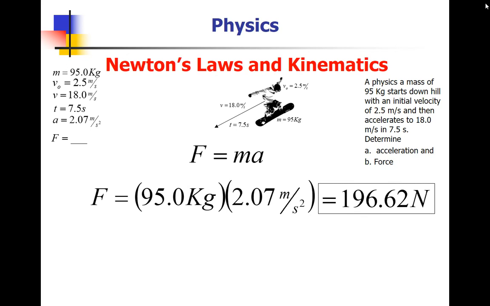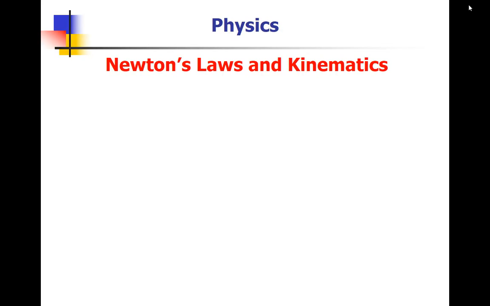Right, 186.62 newtons. That's how much pull is taking you down the hill. Newtons, the unit for force, is named for the cookie, the Fig Newton. No, it isn't. It's named for Sir Isaac Newton. And actually, in the English system, we use pounds. But let's look at our second problem.